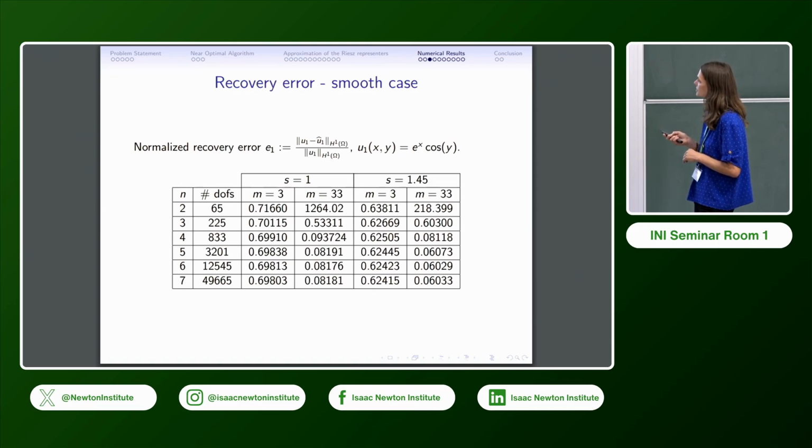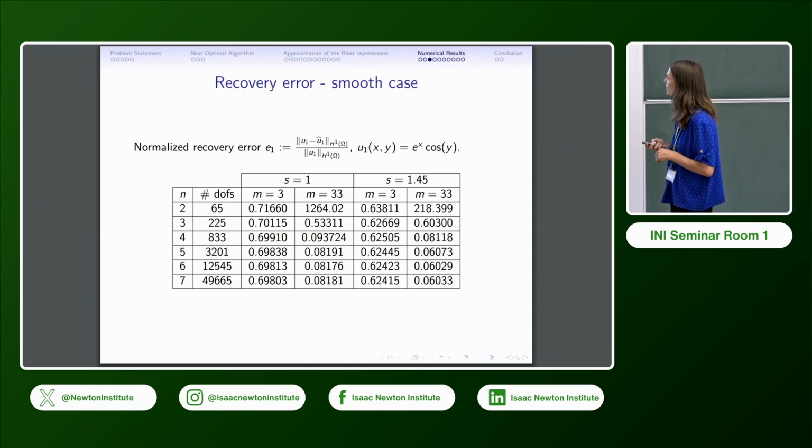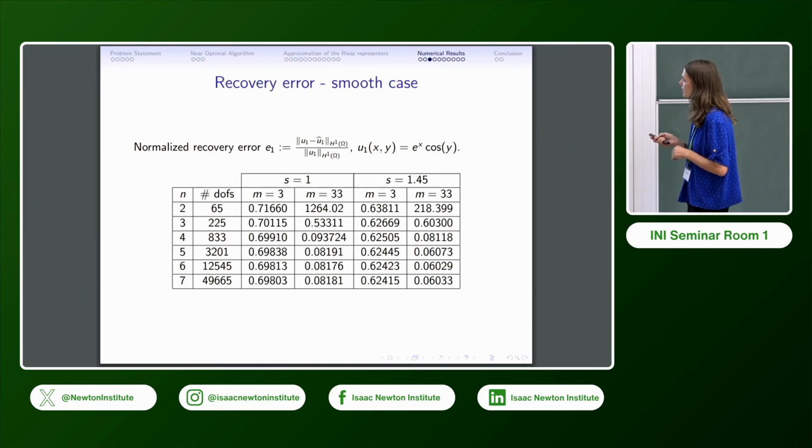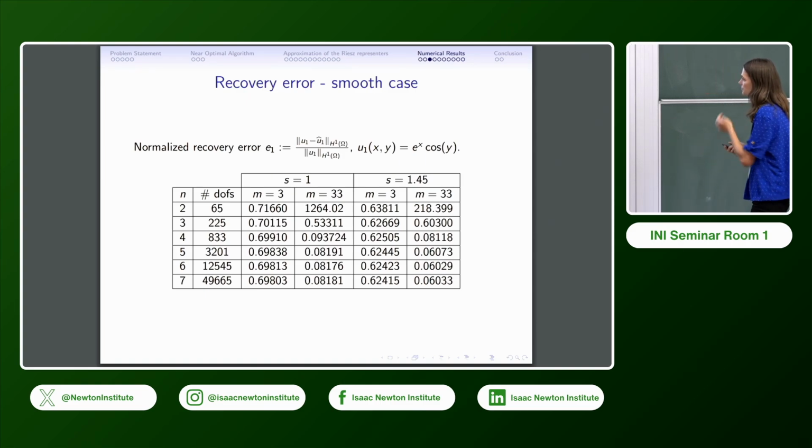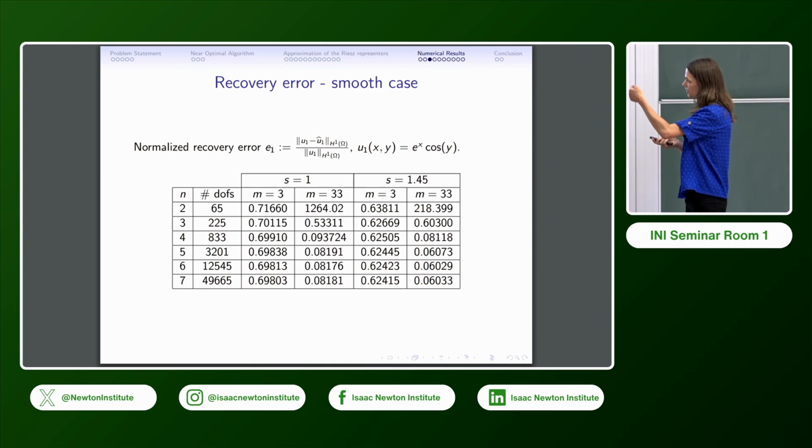So if you look, for instance, at S equal to 1, here we don't have to solve all these reaction diffusion problems. You have the recovery error here. Now we don't see that the error goes to 0 as H goes to 0, because we have the Chebyshev radius that is there. But if we decrease H and we increase M, we should see a decrease of the recovery error.